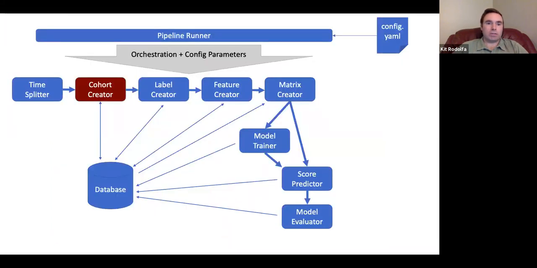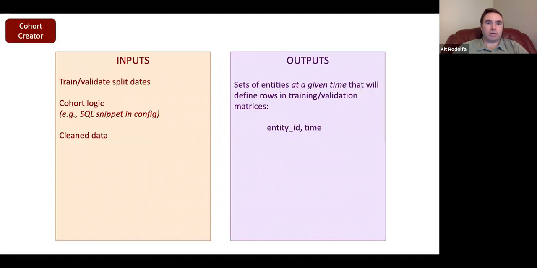So once you have those temporal splits, the next piece is figuring out what your cohorts are. And so here, you really just need the split dates, whatever logic you're using to define your cohort, and whether that is everything that's active at this point in time, or you're focused on a certain subset that you actually care about modeling.